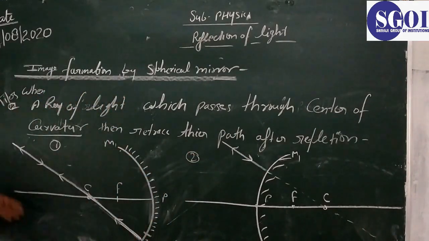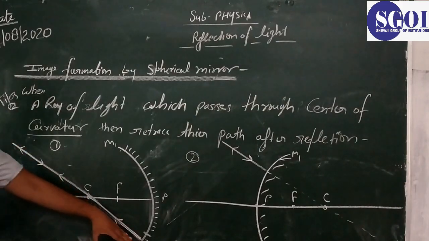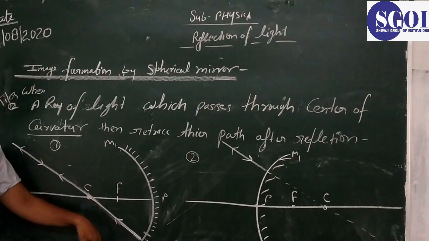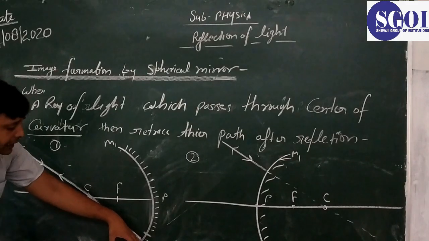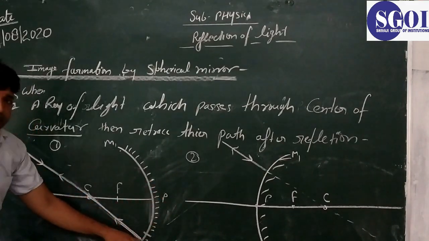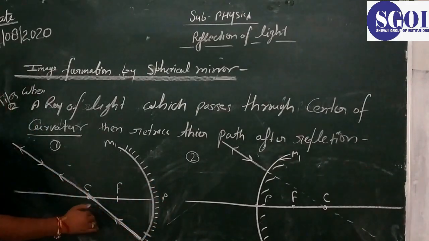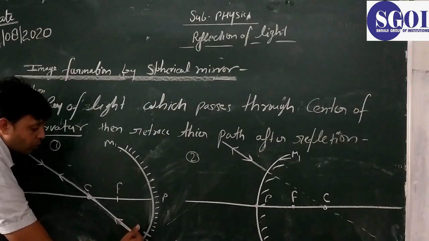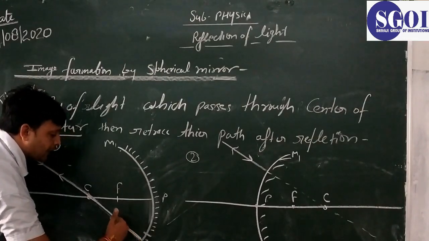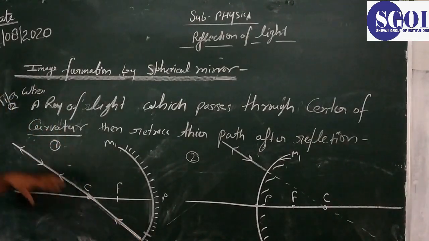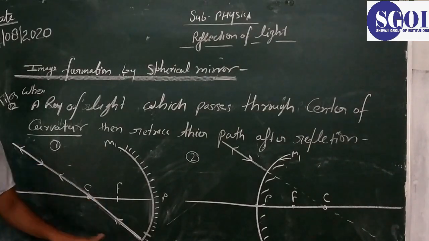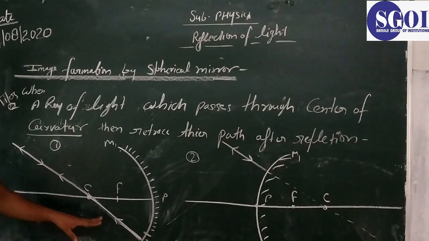A light ray passes through the center of curvature. After passing, it is incident on the reflecting surface. After incidence, it goes back in the opposite direction along the same path. This path is called the retraced path after reflection.